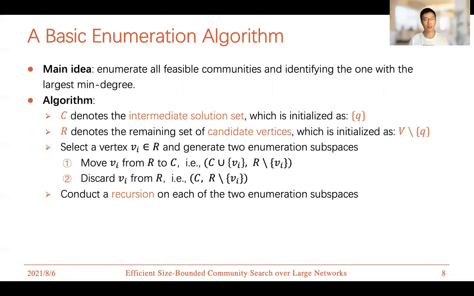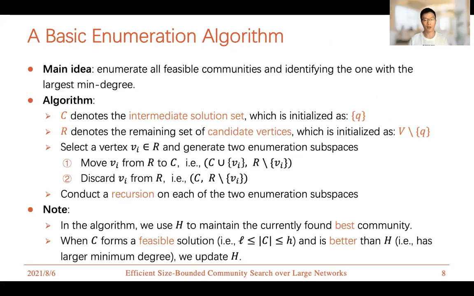We use capital C to denote the intermediate solution set. We use capital R to denote the remaining set of candidate vertices. Then select a vertex Vi from R and generate two enumeration subspaces. Move Vi from R to C, or discard Vi from R. Then conduct a recursion on each of the two enumeration subspaces.